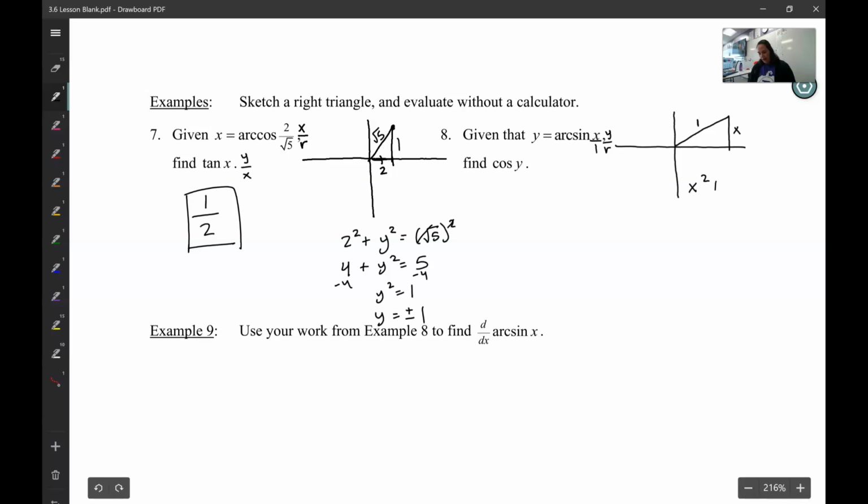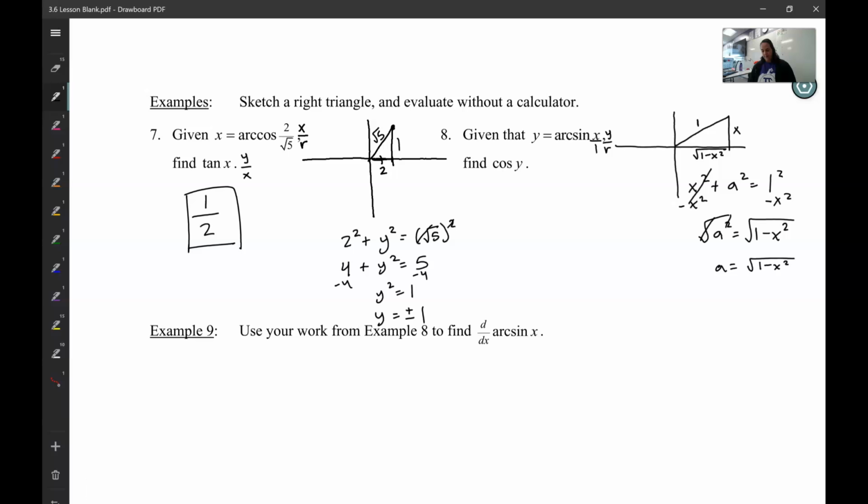I can do the Pythagorean theorem again to find this last side. So a squared equals 1 squared minus x squared, or 1 minus x squared. Square root of that. So square root of 1 minus x squared is going to be the length of that side.